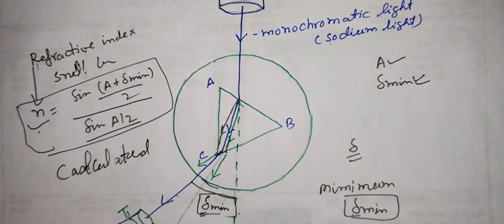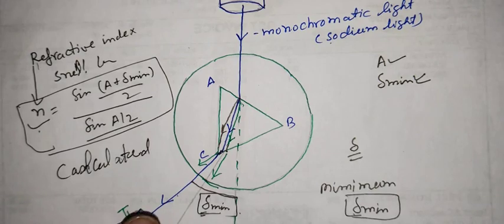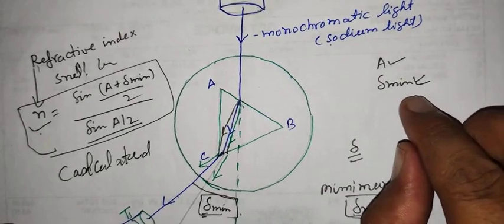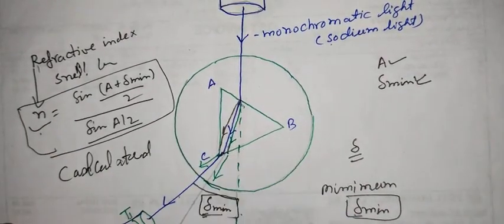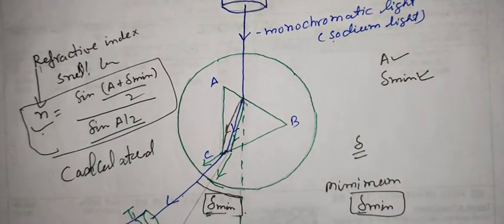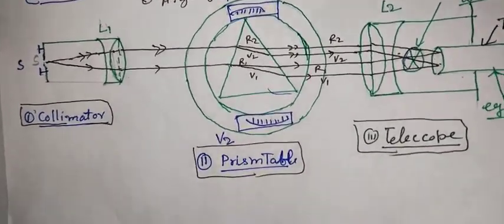So in this whole lecture, we are able to obtain the value of the angle of prism, the minimum angle of deviation, and the refractive index by the formula. This topic is for the spectrometer and the things that can be obtained.